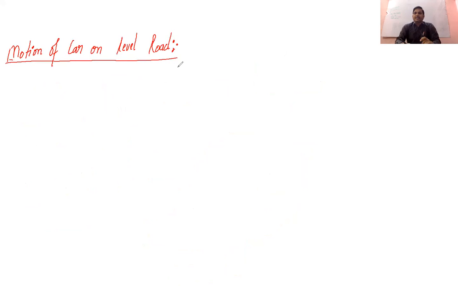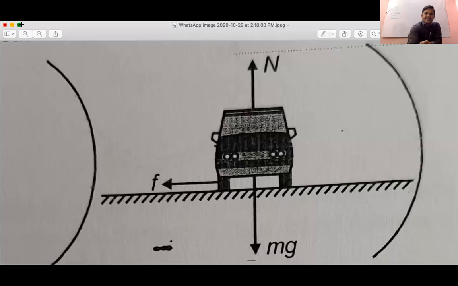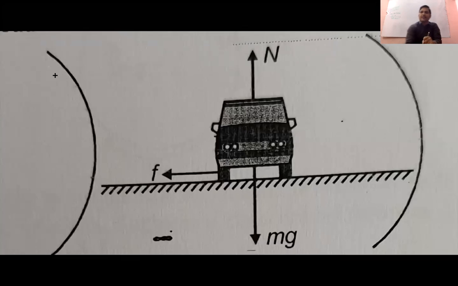Let me first share one figure, then I will explain how these things work. This is the case, and we are going to discuss the motion of a car on a level road.